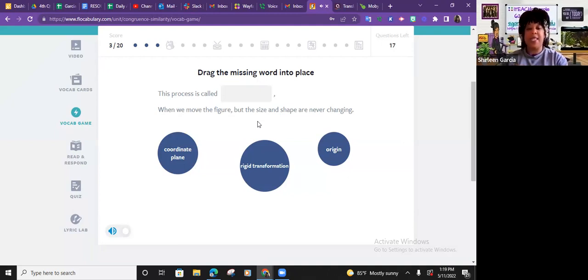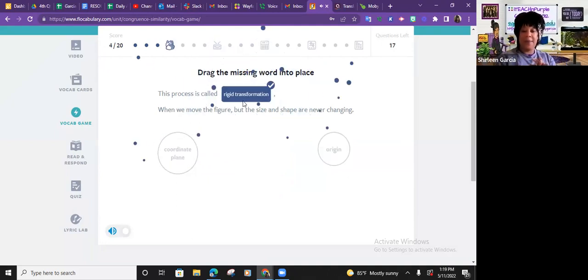A coordinate plane is the grid that we can move it on, but what are all three of those processes categorized under? Translation, rotation, reflection are all examples of rigid transformation. Good job.